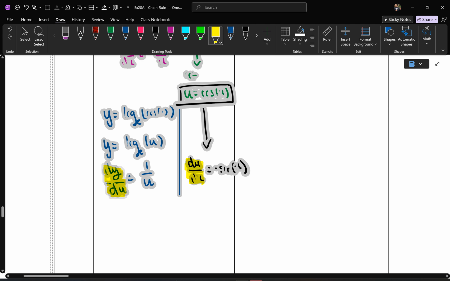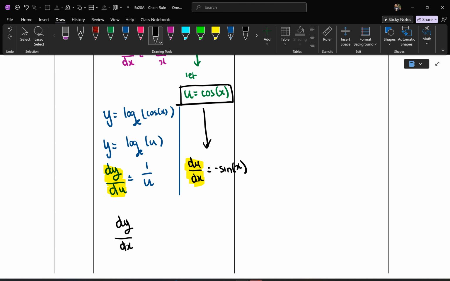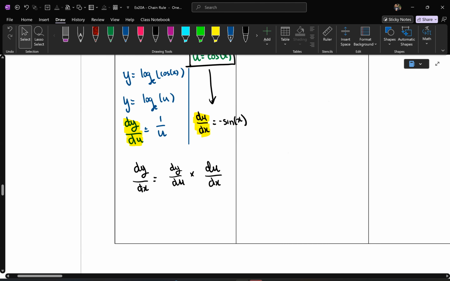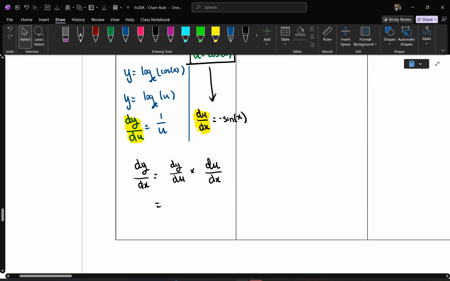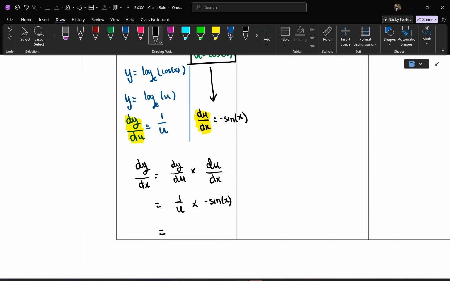And you put them both together. Here we go, chain rule. Delta y delta x equals delta y delta u times delta u delta x. This now gives you 1 over u times negative sine of x.